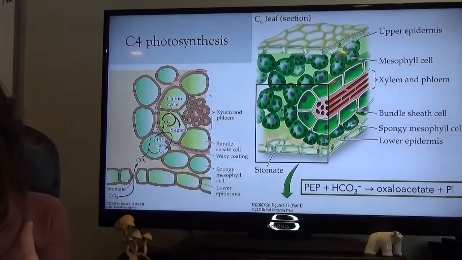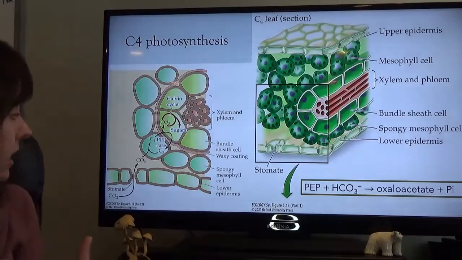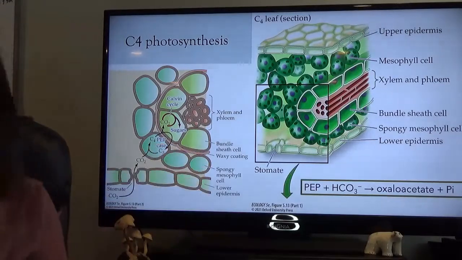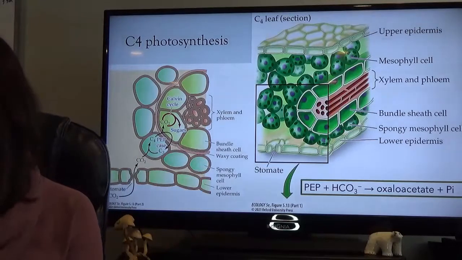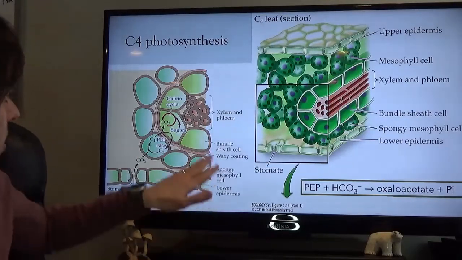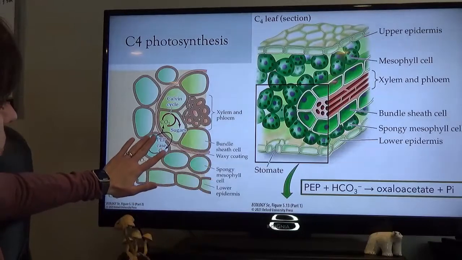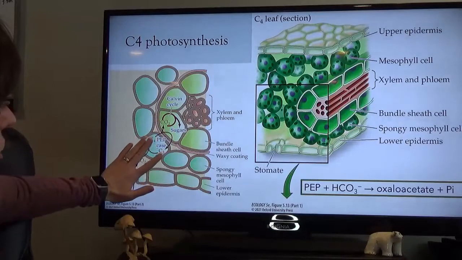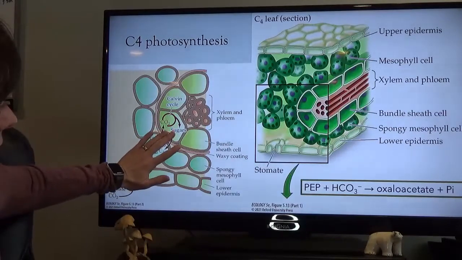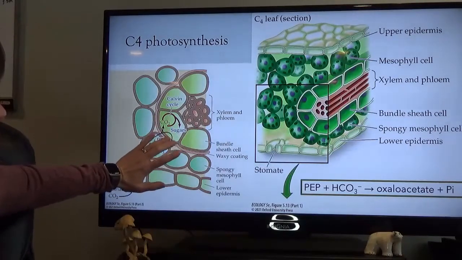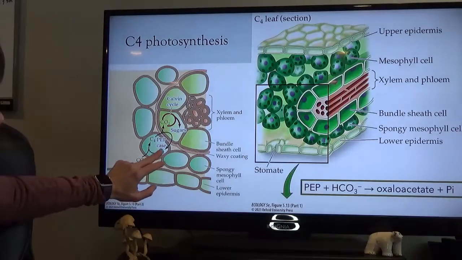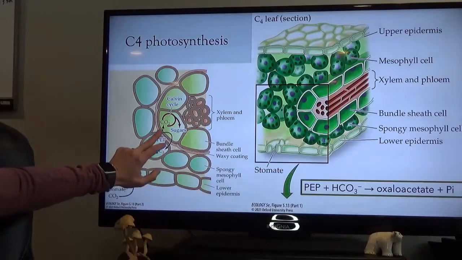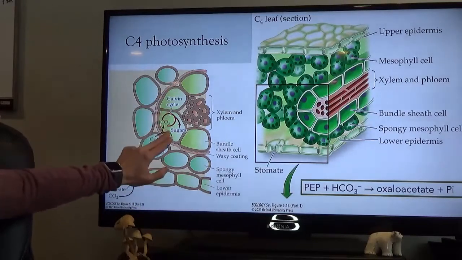So bicarbonate is added to phosphoenolpyruvate to produce a 4-carbon compound, oxaloacetate, which is passed to the bundle sheath cells. Oxaloacetate is broken down into a C3 compound again, phosphoenolpyruvate, and CO2 is released into these bundle sheath cells.